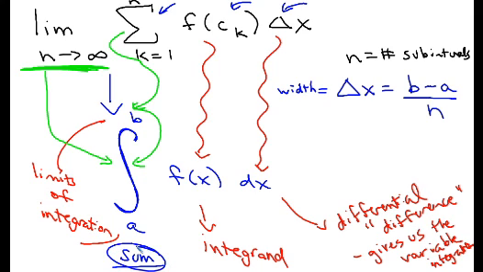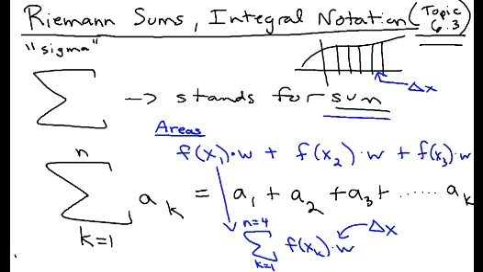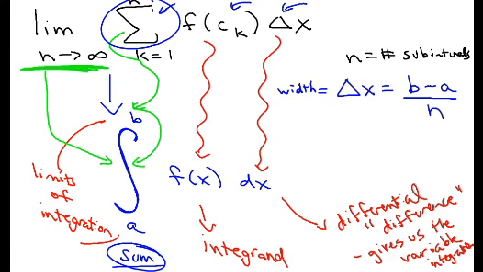We are adding up. And here's that sum symbol again. We are adding up all of the areas of those rectangles, just like we talked about on the first page right here. And so when you see this notation right here, it is just referring to adding up all of the areas of those rectangles.